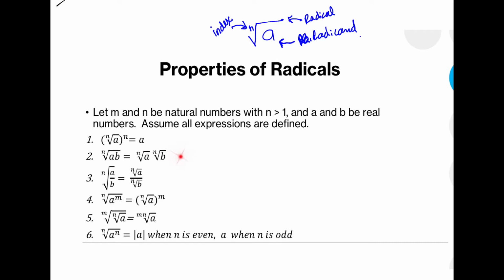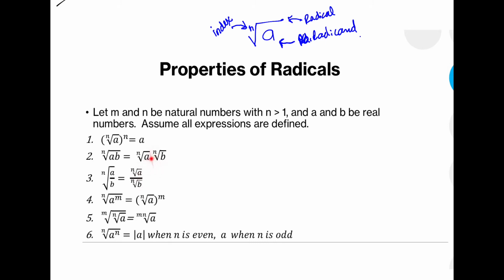We saw this applied to square roots, but that applies to every type of root, whatever our index is showing. And it's two things at once. It's showing us how we can break up a product, something that's being multiplied, into factors, and we can separate those and then take the roots of either of them separately from the other.